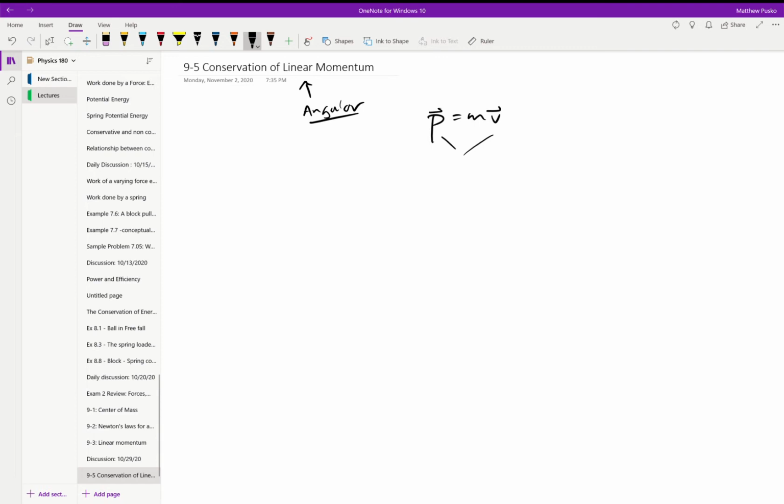We learned about impulse too, and how impulse can change the momentum of a system. We said that the impulse is equal to the change in momentum. And if we say that there are no impulses applied, no external forces, we can say that the momentum of the system is constant.